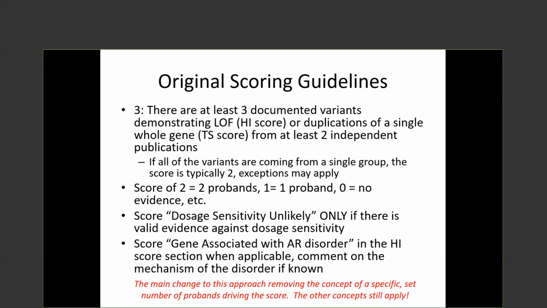If there were only 2 observed probands, the score was 2. 1 proband, the score was 1. 0 probands, the score was 0, etc. The score of dosage sensitivity unlikely was only used if there was valid evidence against dosage sensitivity, and gene associated with autosomal recessive disorder was assigned as the haploinsufficiency score when applicable. The main change to this approach is just removing that concept of a specific set number of probands driving the score. The other concepts still apply.